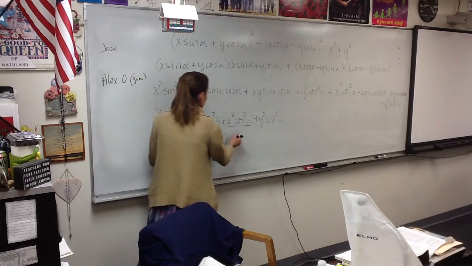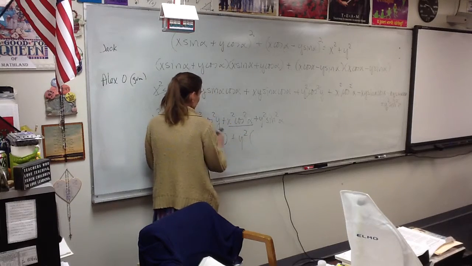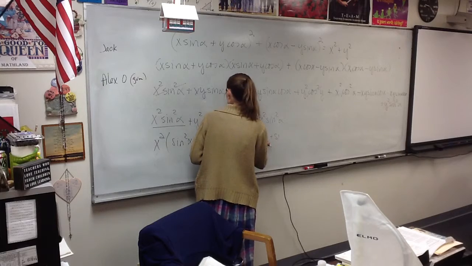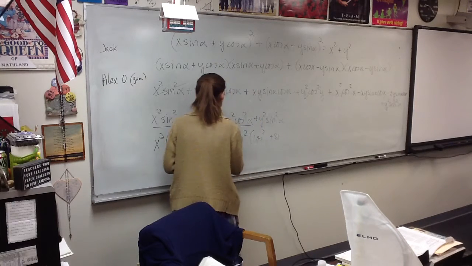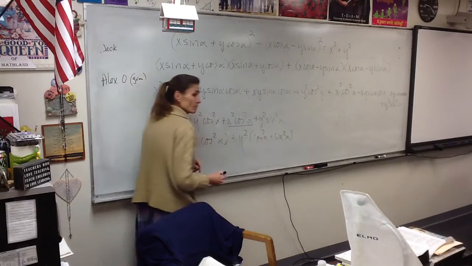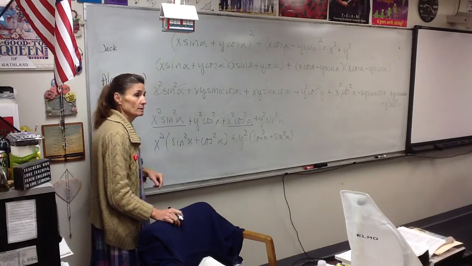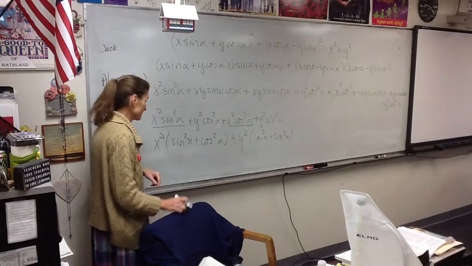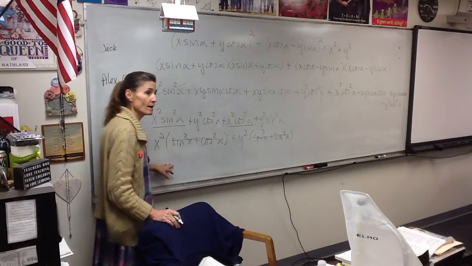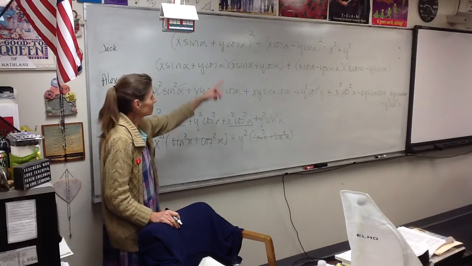And if I group these and take out a y squared, I'll be left with cosine squared plus sine squared. Those are both one. So this is just one, and this is just one, so what do I have left? x squared plus y squared.